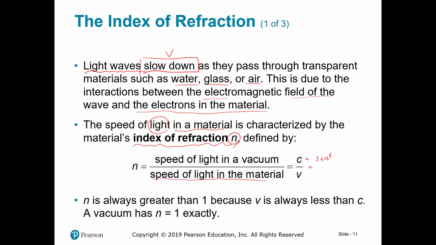So v is always smaller than 3 times 10 to the 8, and n is always greater than 1. When v equals c, n of a vacuum is 1.